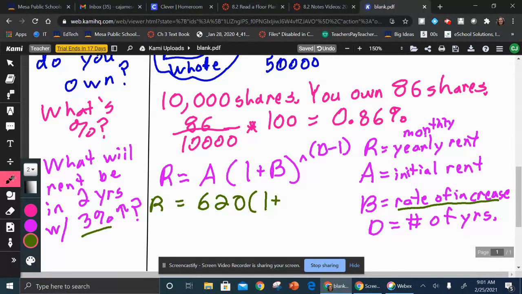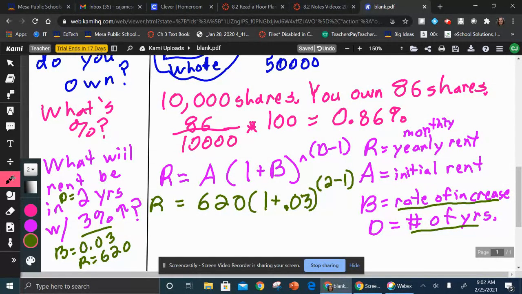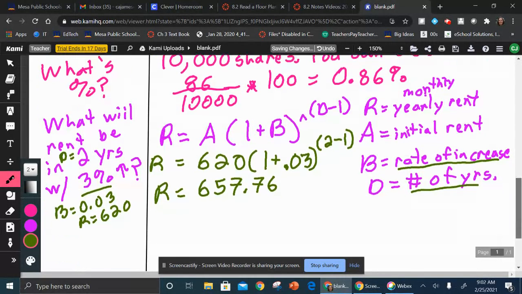So we're going to do 3% as a decimal, so 300ths. D is the number of years. Okay, so 2 is the number of years. Okay, and A we did was 620. 2 minus 1 is just 1. So the rent, remember, we always round to the cents place. We get $657.76. Remember, put this in Desmos.com scientific.